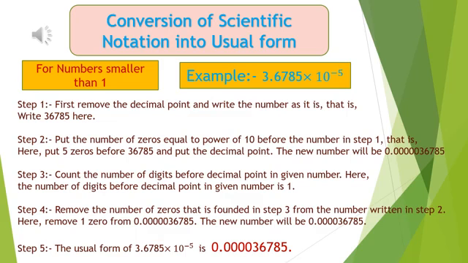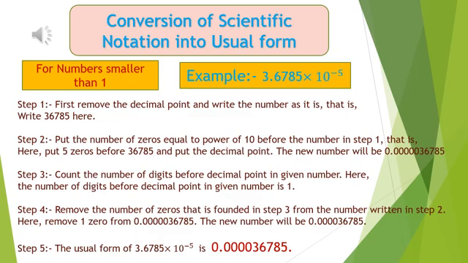Now put the number of zeros equal to the power of 10 before the number. Before the number. Why? Because your power of 10 is negative. So how many zeros are there? What is the power of 10? Negative 5. It means you will put 5 zeros before 36785.